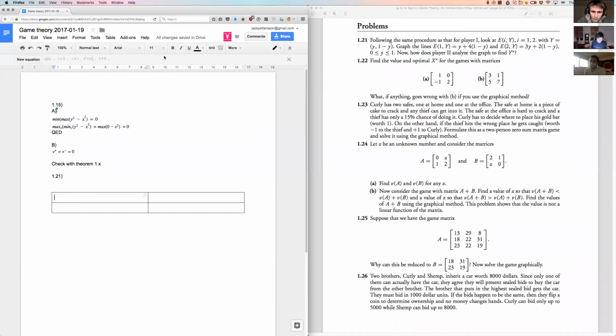Okay, so for some reason I actually wrote out the matrix.